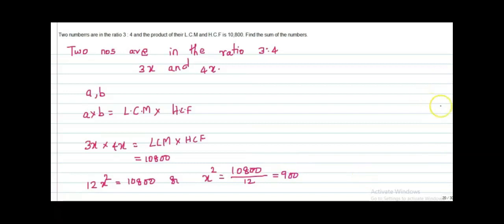As x square is equal to 900, x is equal to the root of 900, that is nothing but 30. Therefore, as x is equal to 30, the numbers can be found out easily.